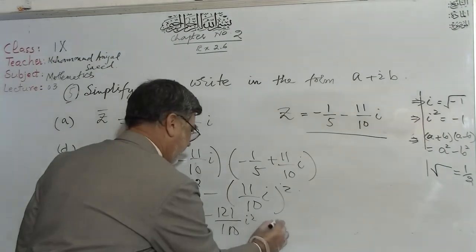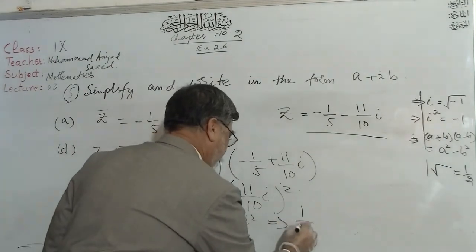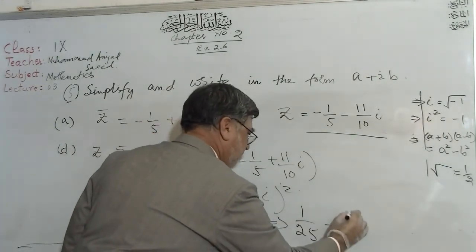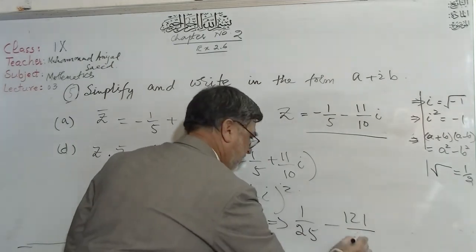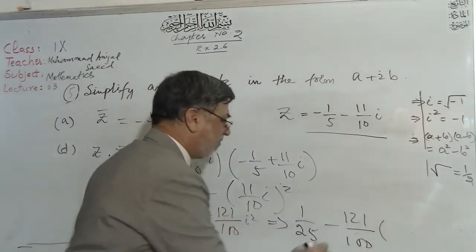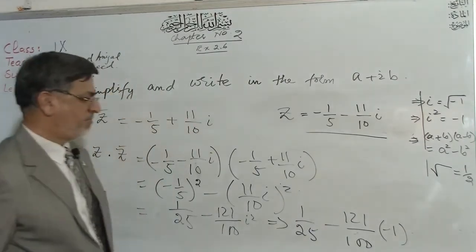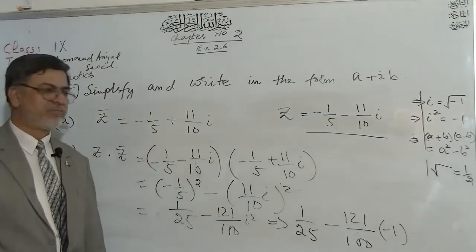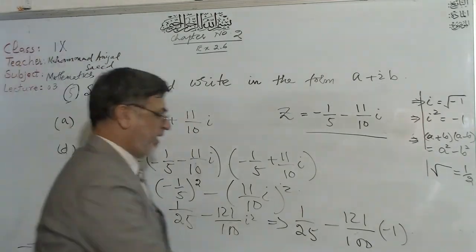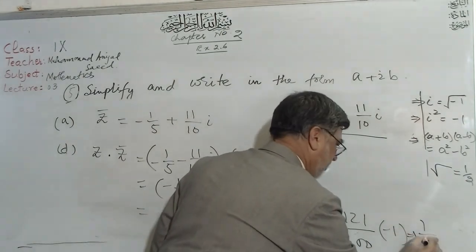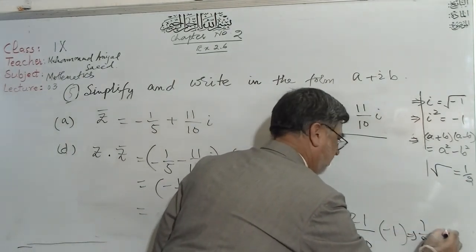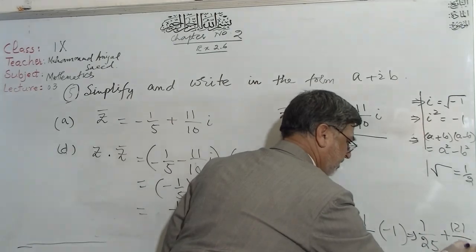So you are having this 1 over 25 minus 121 over 100. The iota square value is minus 1. This will be 1 over 25 plus 121 over 100.